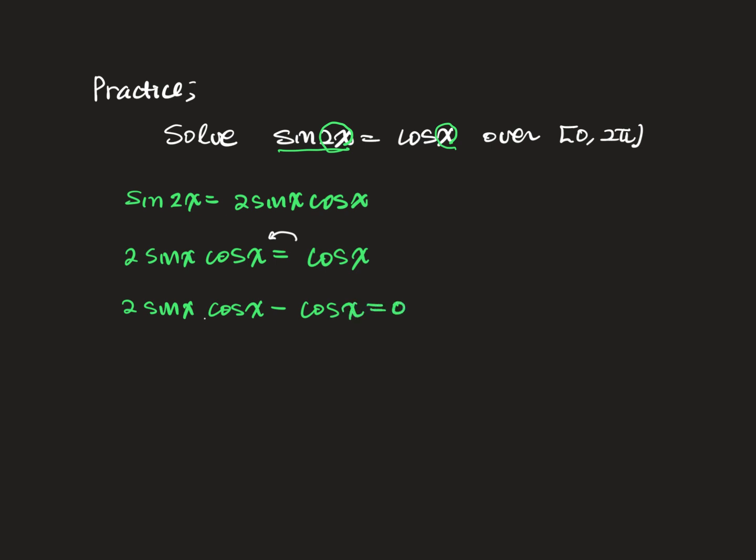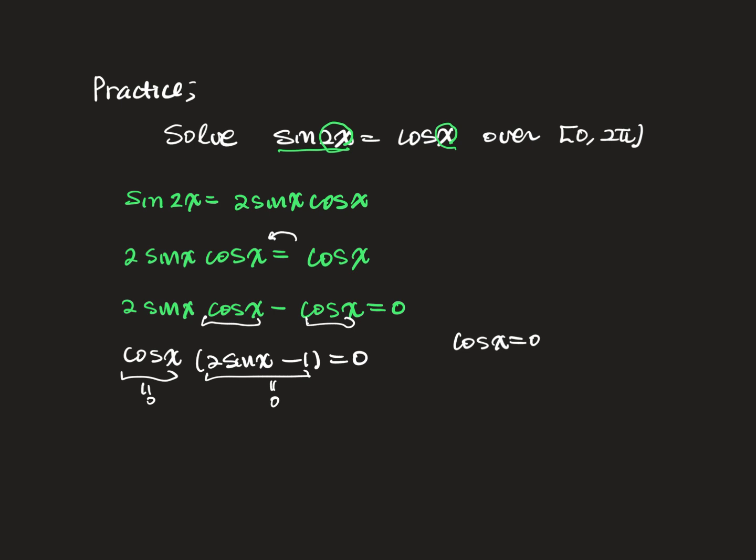What is the common factor? Cosine x. So cosine x times (2 sine x minus 1) equals 0. Cosine x equals 0, or 2 sine x minus 1 equals 0.